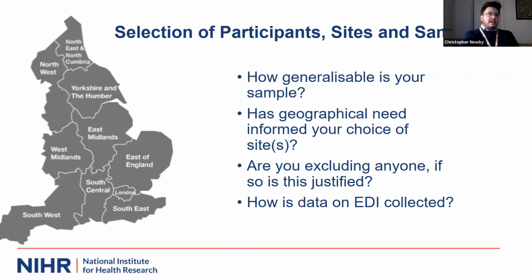And you also want to check, has geographical need informed your choice of studies? Are you doing this at the place where it needs it the most, or is it just the easiest? So you could look at some of the stop smoking research and see, am I doing this in the place where there are the most prevalent smokers?